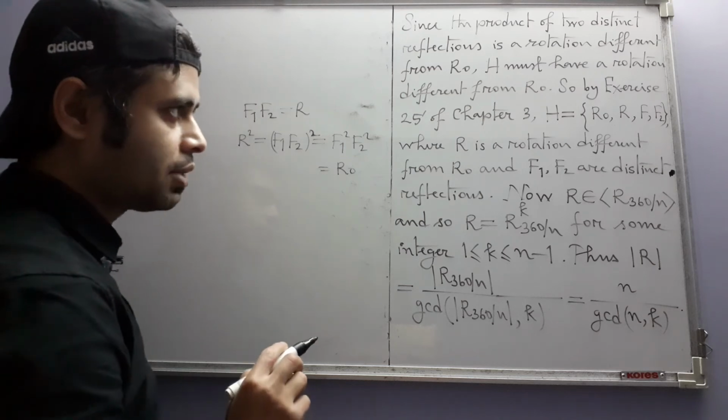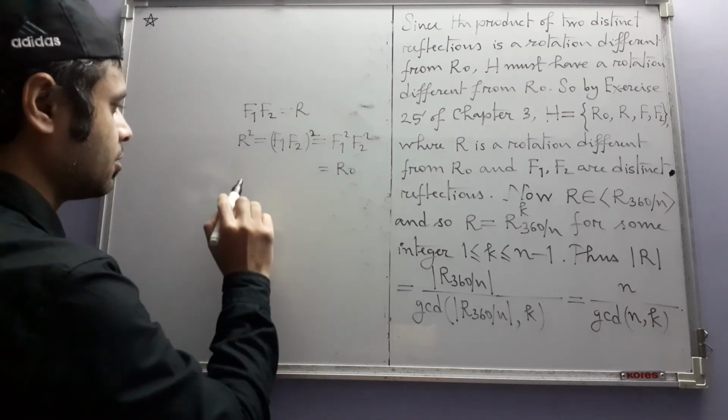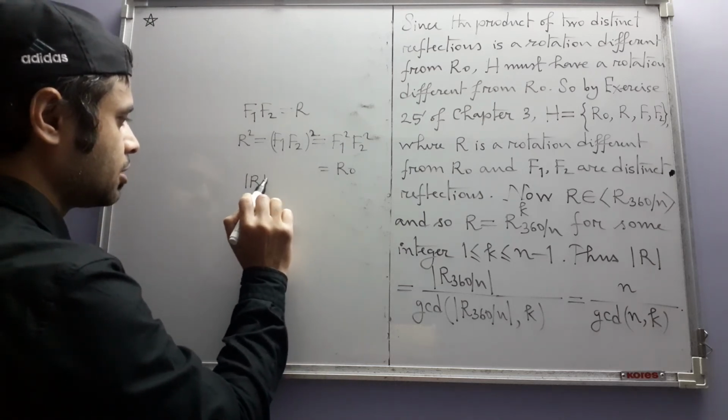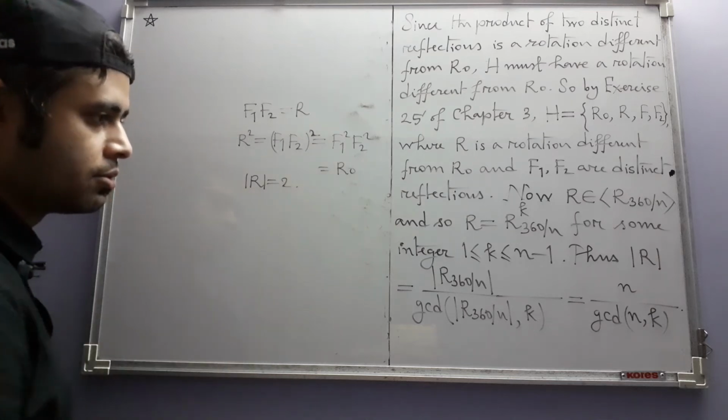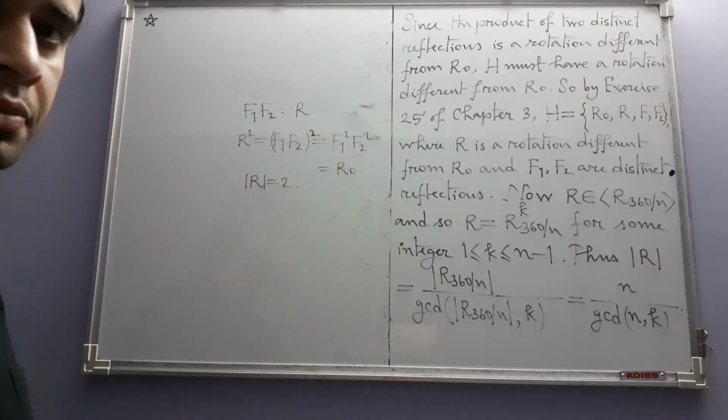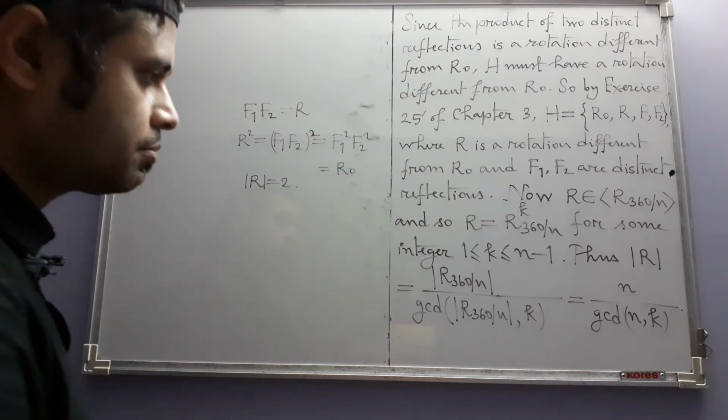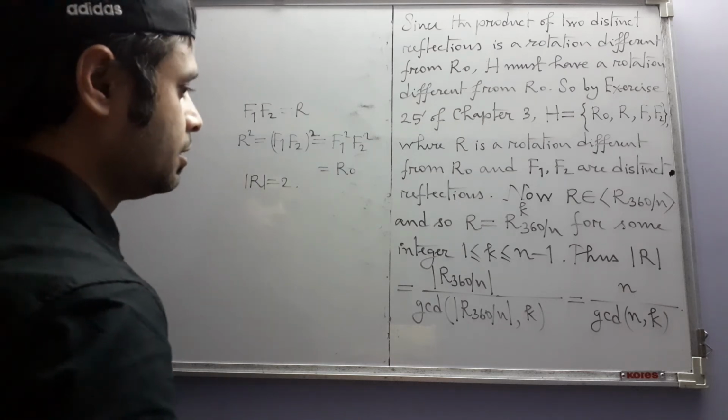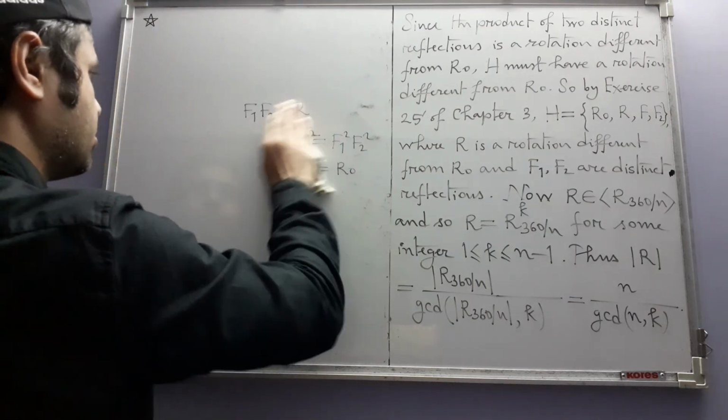This combined with the fact that R is different from R0 tells us that the order of R is equal to 2. Now we have got the solution.